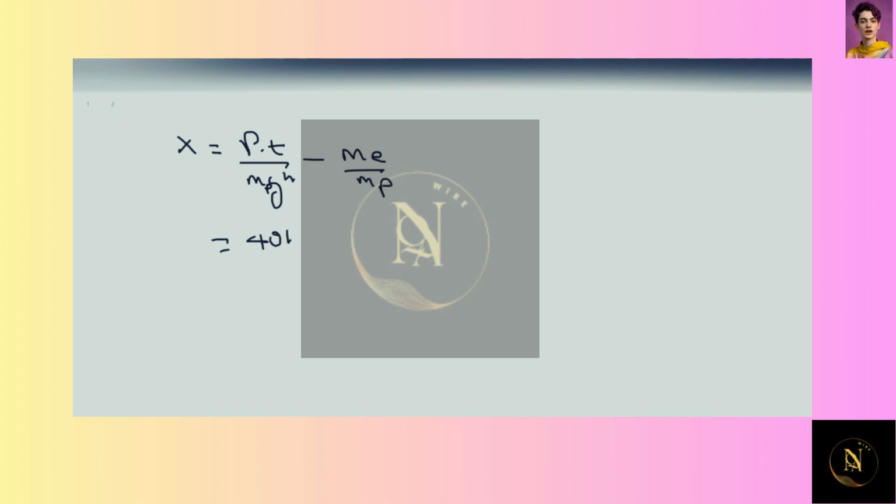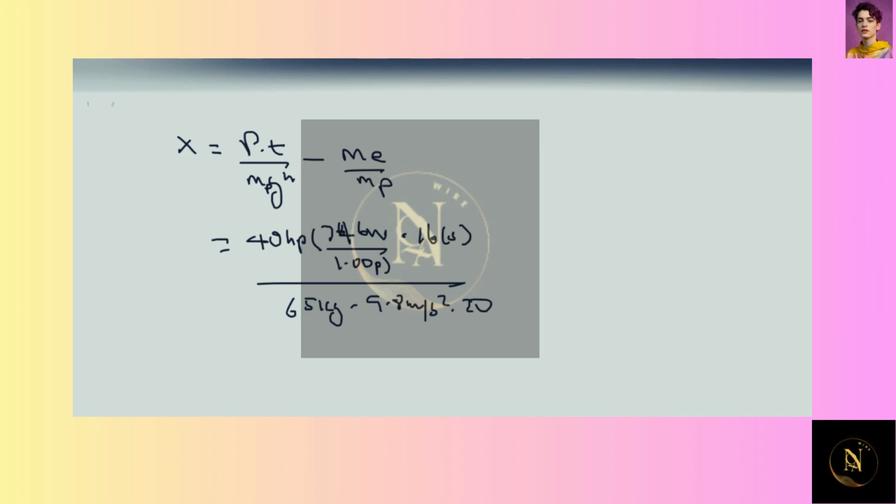So we have 40 horsepower times 746 watts over 1 horsepower, and then times the time, which is 16 seconds, all over the mass of each passenger, which is 65 kilograms, times 9.8 meters per second squared, times the height, which is 20.0 meters, minus the mass of the elevator, which happened to be 600 kilograms, over the mass of each passenger, which is 65 kilograms.